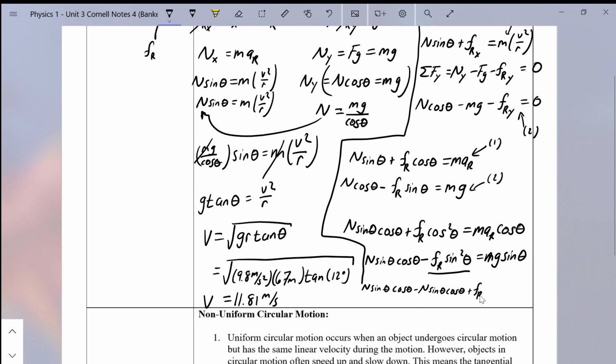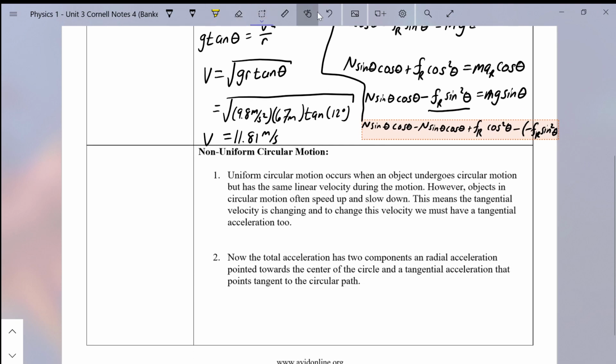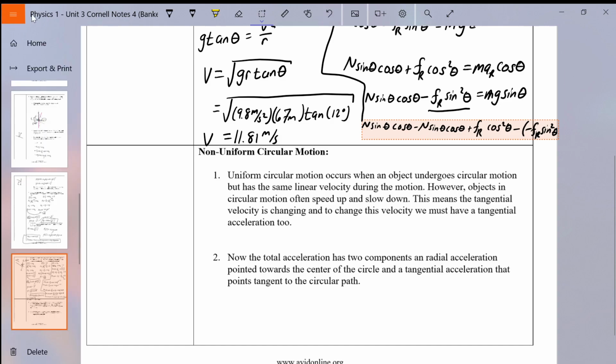Plus f sub r cos squared theta minus a negative f sub r sine squared. We're running out of room here, so I'm going to go ahead and just copy this piece here, and I'm going to insert a blank page so we can finish this.